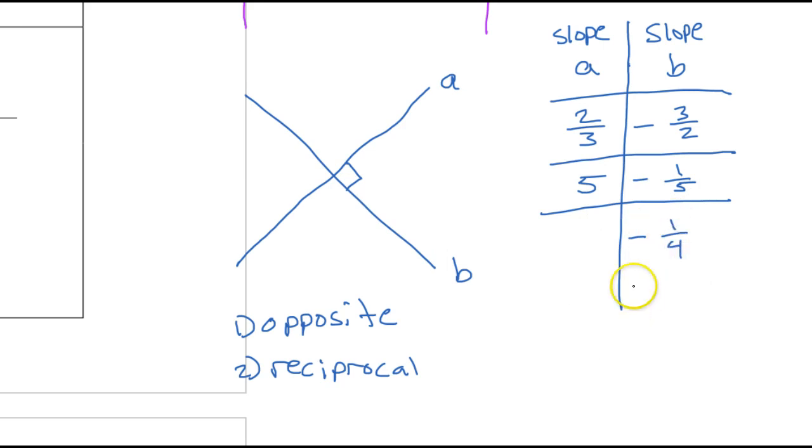Okay, what would you say then? Well, the slope of line A would have to be positive. The reciprocal of 1/4, you might think 4/1, but if there's a 1 in the bottom, I don't need it. So I won't ever say 4/1, I will just say 4.